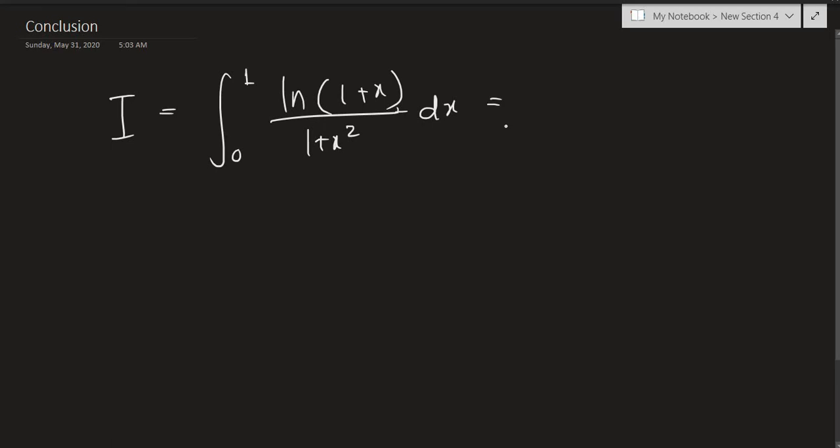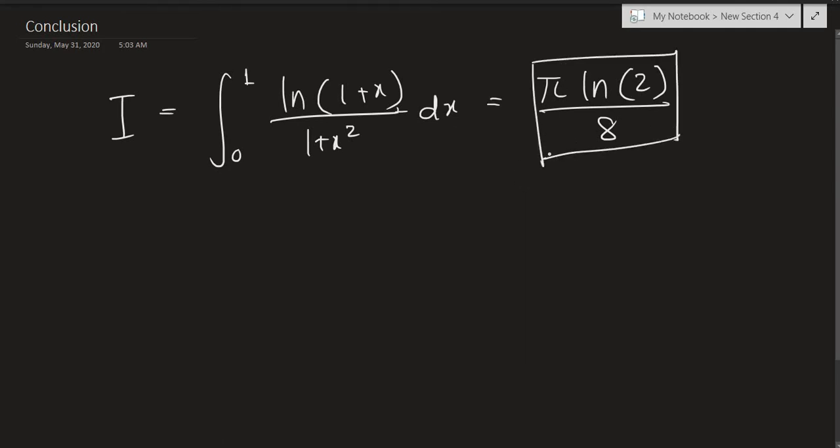We differentiated both sides with respect to t and then reintegrated from appropriate upper and lower bounds of t, and then we ended up with a value of pi times natural log of 2 divided by 8. And that's a pretty neat formula because the pi just drops in again out of nowhere, and there were no trigonometric terms here, so it's truly out of nowhere if you ask me.